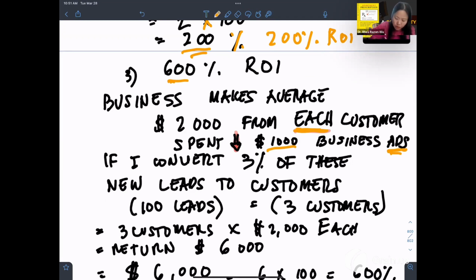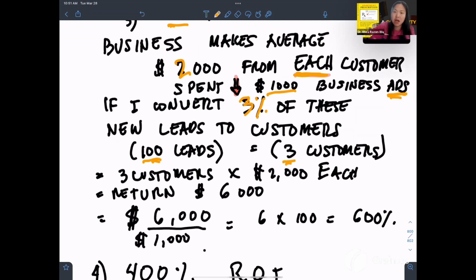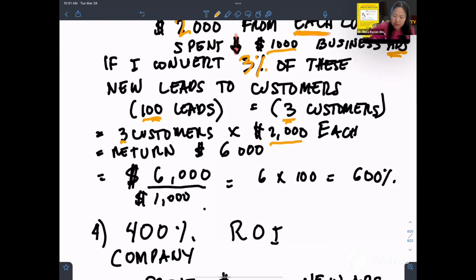Now, if I convert only 3% of these new leads to customers, customers which are paying you money now, let that be 2,000. So for example, you have 100 leads and 3% is 3 customers. Those 3 customers pay you $2,000 each. Now your return is 6,000.